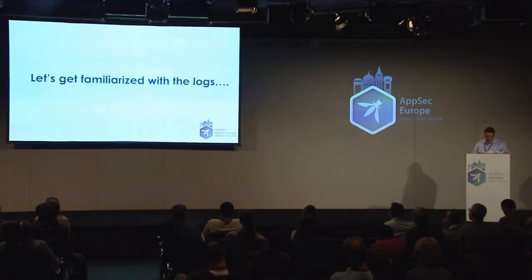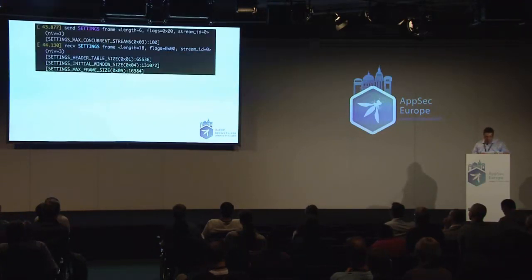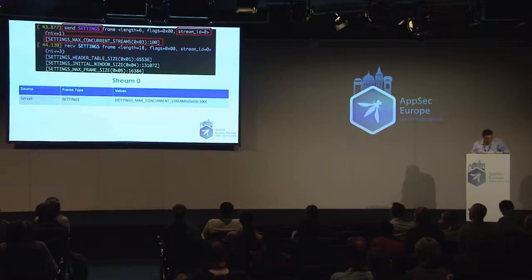So two more snippets of the log just to get you a bit more familiarized with them. You can see in the logs that the server is sending a settings frame over stream ID 0, and it's making sure that the client knows that it can handle no more than 100 concurrent streams.